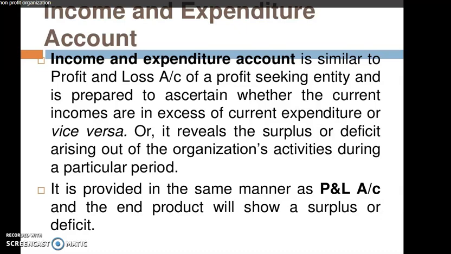It is prepared in the same manner as a profit and loss account, and the end product will show the surplus or deficit.